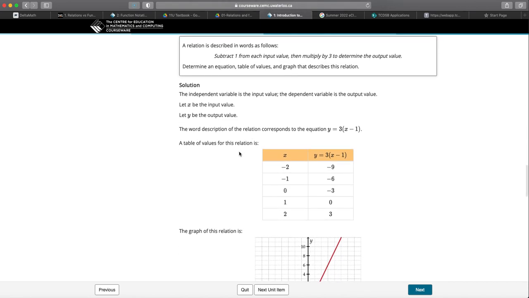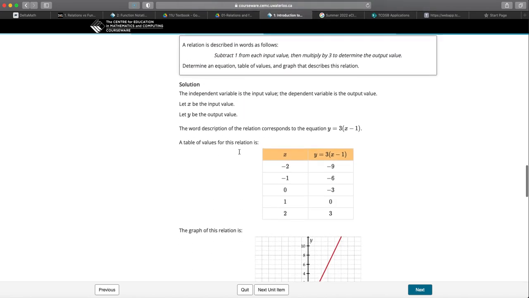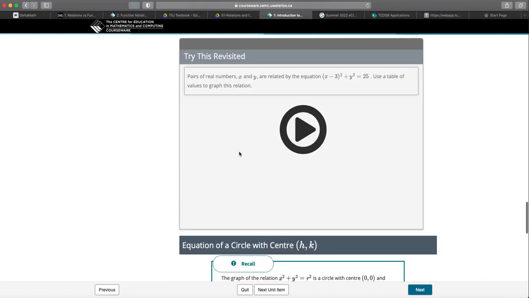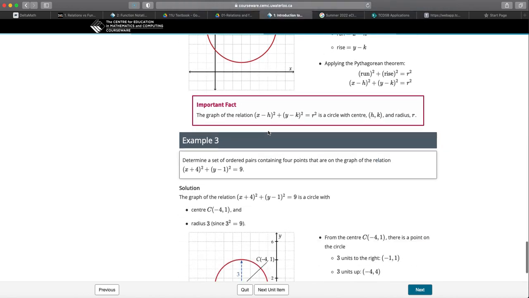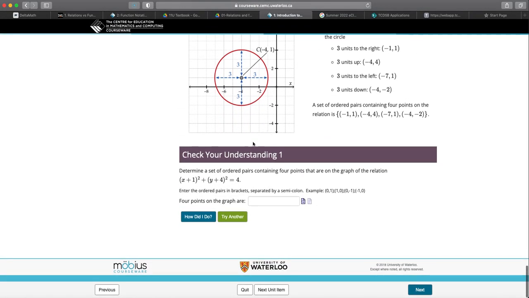One of the things I really like about this, so there's examples, there's solutions, tons of really good notes. But I love these little check your understandings. Okay, so determine the set of ordered pairs for 4 points that are on the graph.